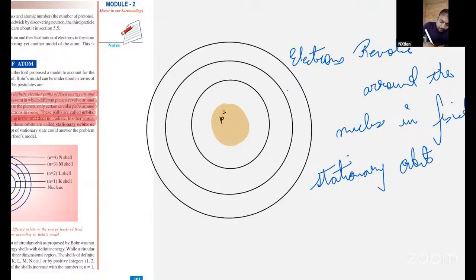Protons and neutrons, that we discovered. And this is the first orbit, and the first orbit is called the K shell.